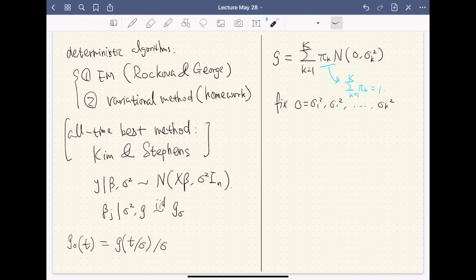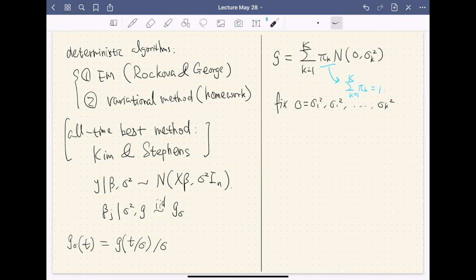But then you use the remaining K minus 1 mixture components to model the slab, so it's really a more complicated modeling of the slab. The idea is if beta is not 0, it can come from some arbitrary prior distribution. You do not know which prior is true, so you can simply estimate the prior from the data.